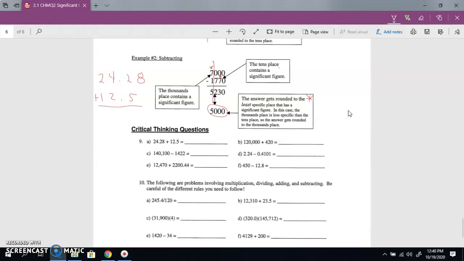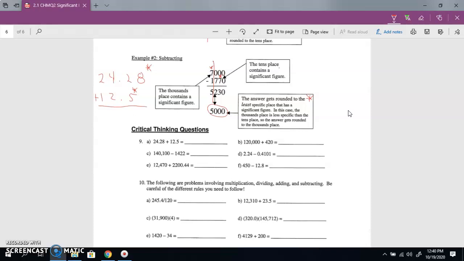So we have to line up the placeholder values, and then we mark the last significant figure. Are we going to round to the tenths place, which is further to the left, or to the hundredths place, which is further to the right? You're going to have to address that question.